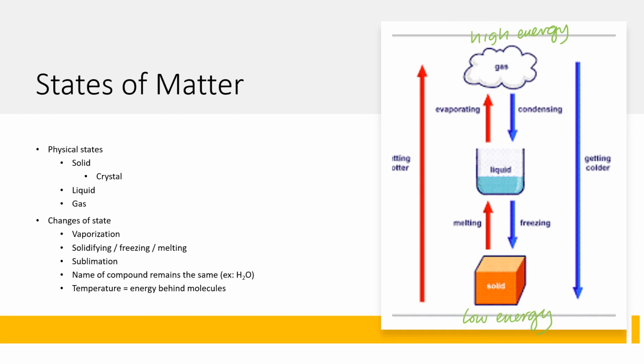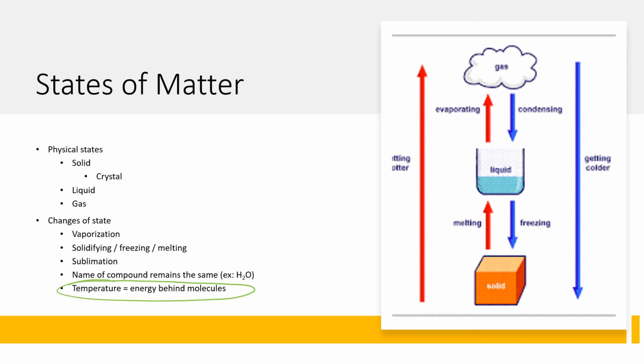Conversely, if you take away energy, you can condense a gas down into a liquid. Take away more energy still, and it's called freezing that liquid into a solid. Any liquid can be frozen provided that you have a cold enough environment. Temperature refers to the amount of energy behind molecules, basically.